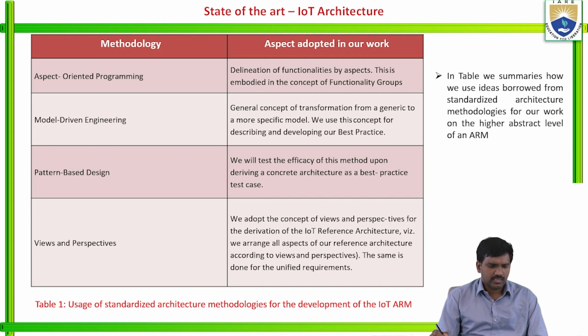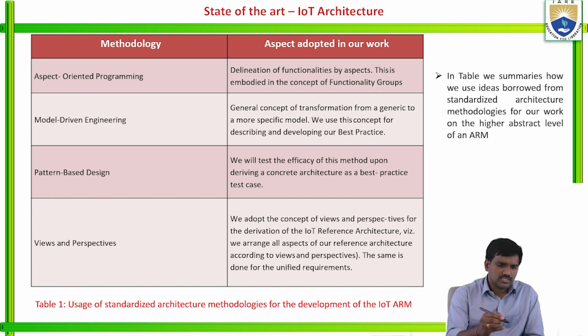Next, usage of standardized architecture methodologies for the development of the IoT ARM. So here, this is the methodology and the aspect adapted in our work. The table summarizes how we use ideas borrowed from standardized architecture methodologies for our work on the higher abstract level of the architecture reference model.